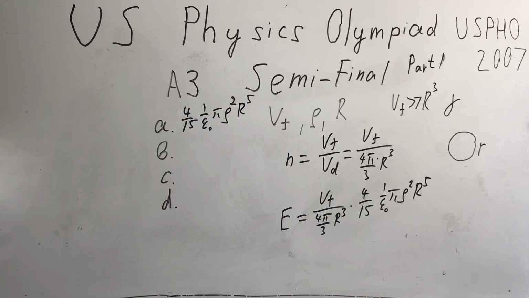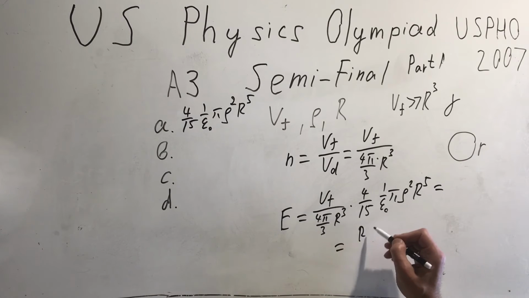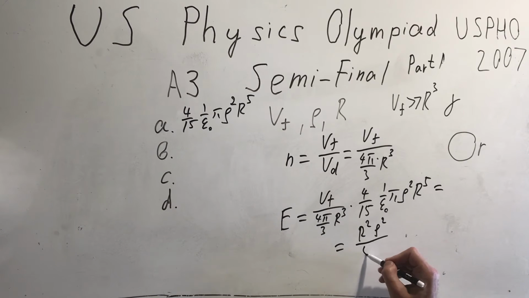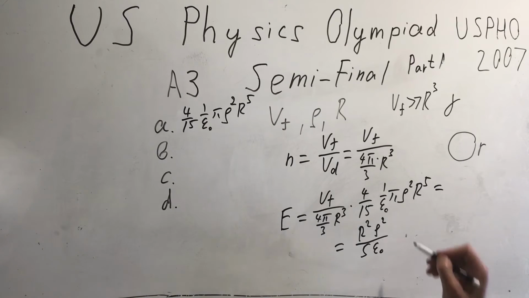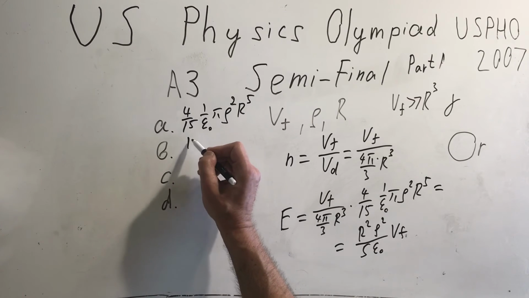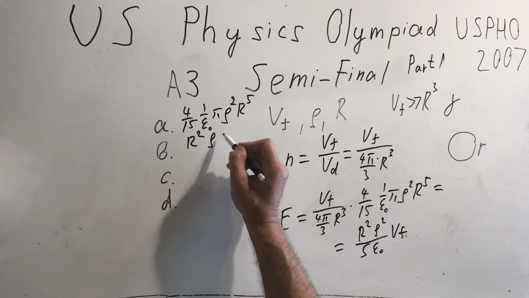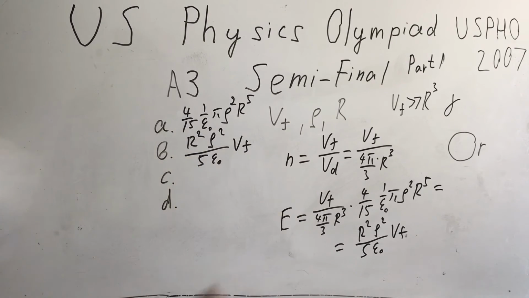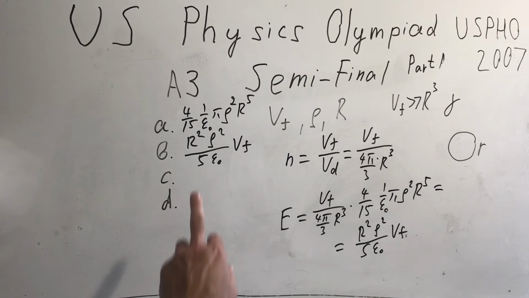Simplifying, the final answer will be R squared ρ squared over 5 epsilon 0 multiplied by V final. So we see that the total energy will increase if we increase the radius.